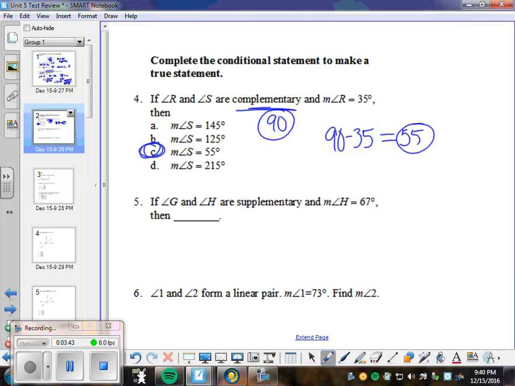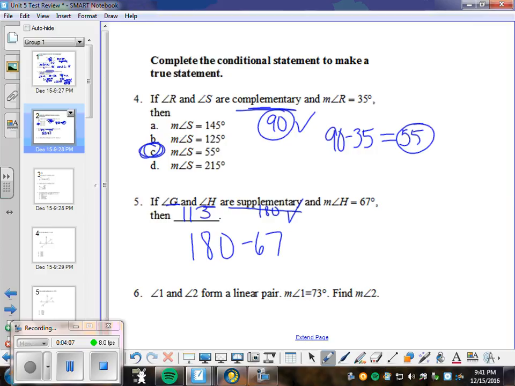All right, number 5, we got angle G and angle H are supplementary. H is 67. Supplementary means 180. So we're going to say 180 minus 67 and get 113. Okay, complementary 90, supplementary 180.